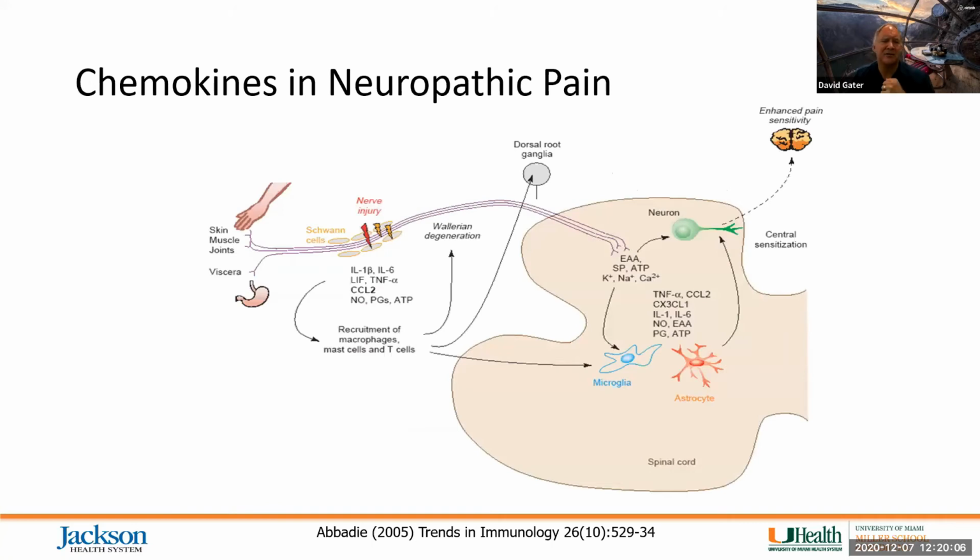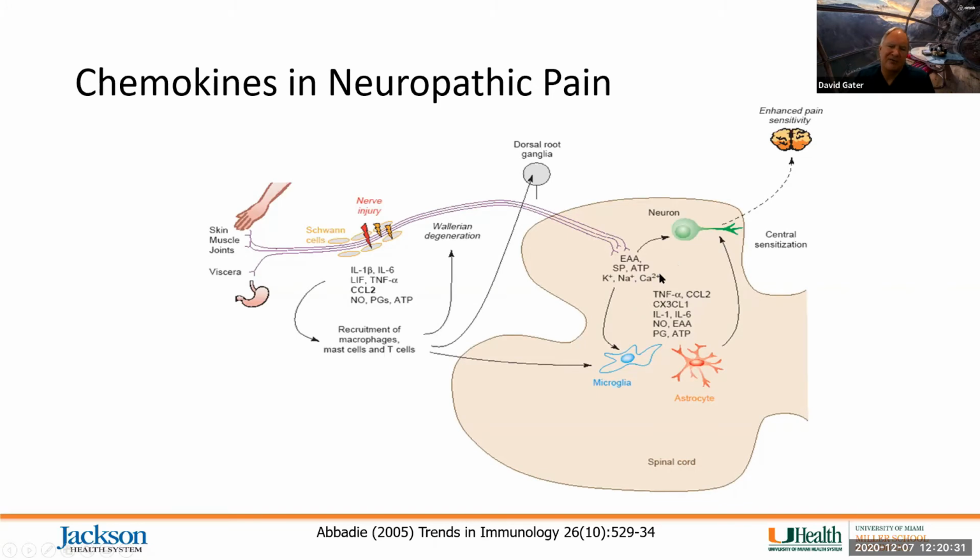So recognize that there are a number of chemokines associated with neuropathic pain. And these can occur in the periphery as well as in the central nervous system. And so these chemokines, and we can look at the space between, I'll say, secondary afferent cells that are providing information up to the brain.